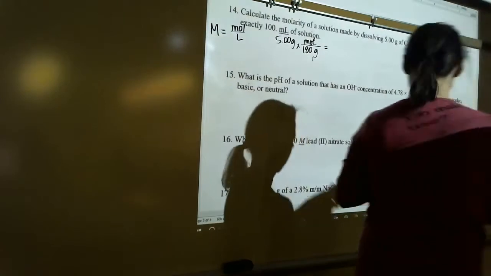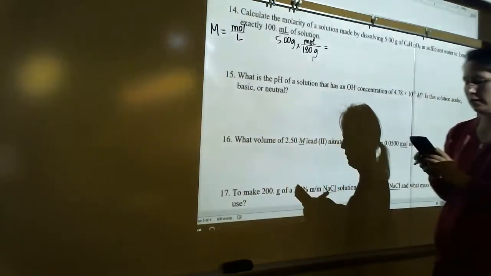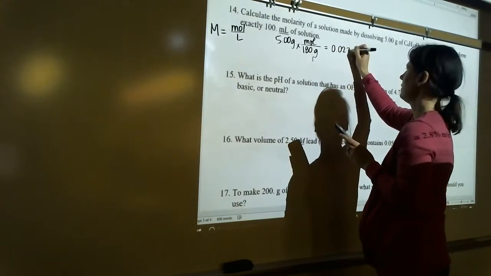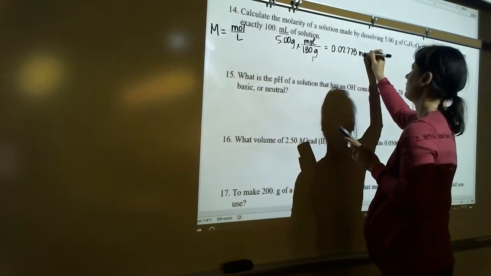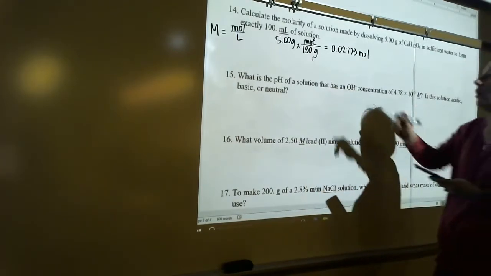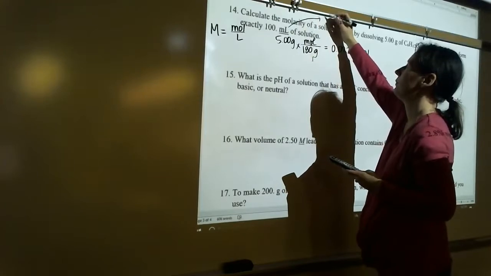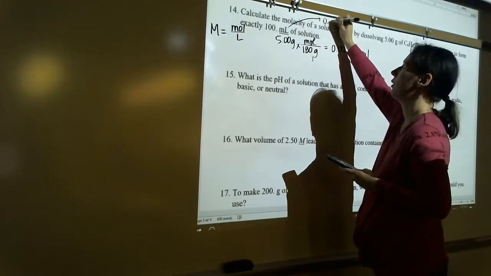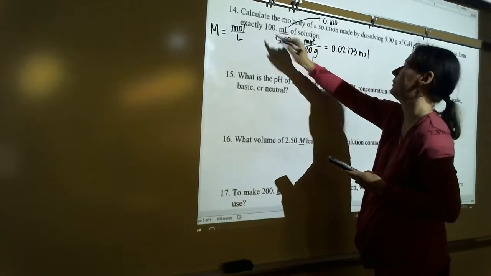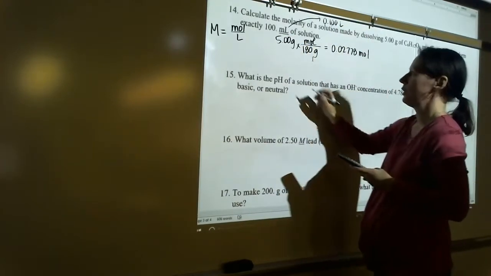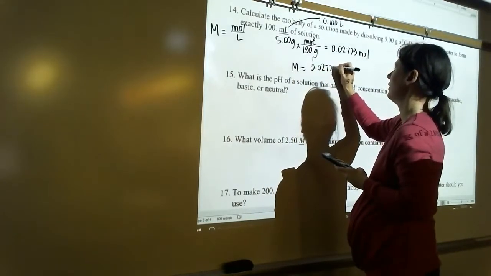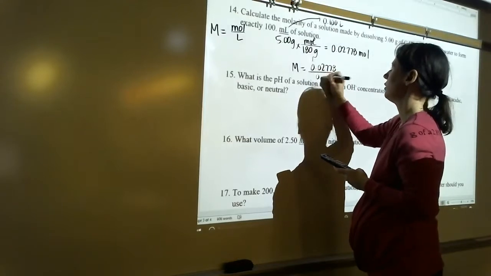So 5 divided by 180 gives me 0.02778 moles. And the volume is 100 milliliters. What is that in liters? 0.100, right? Move the decimal 3 to the left. 1, 2, 3. So molarity, 0.02778 over 0.1.